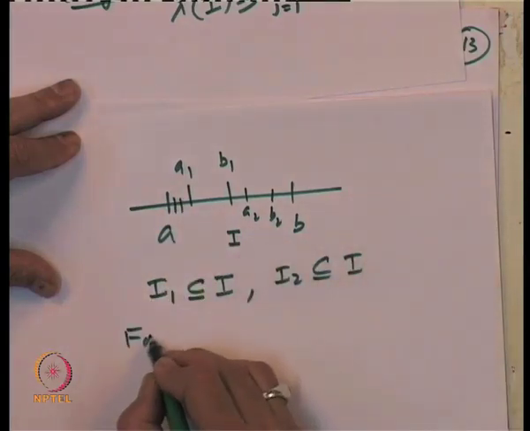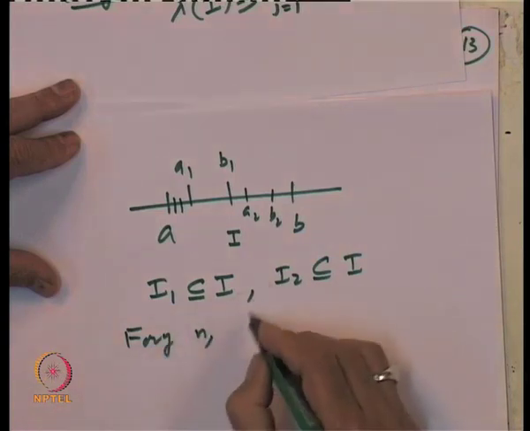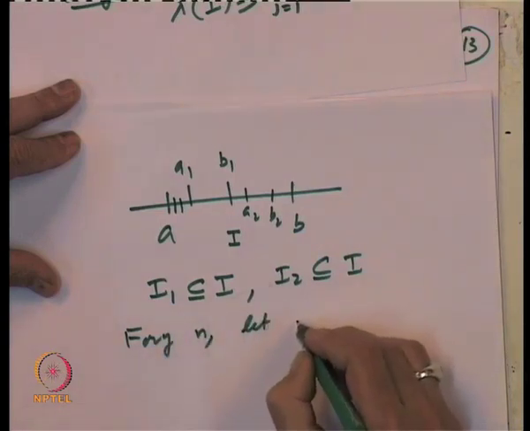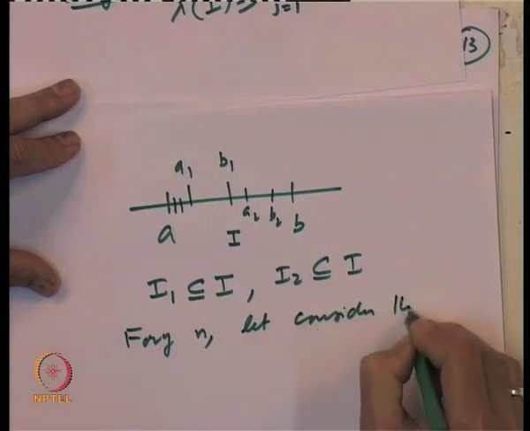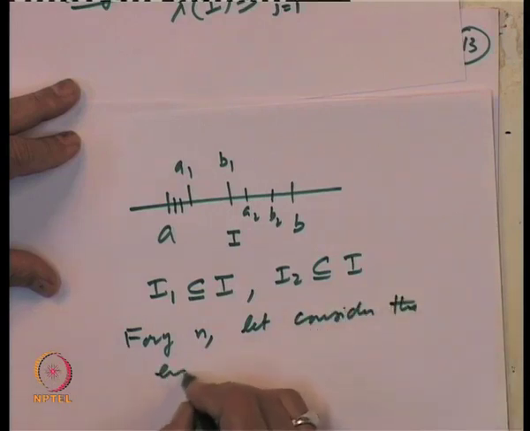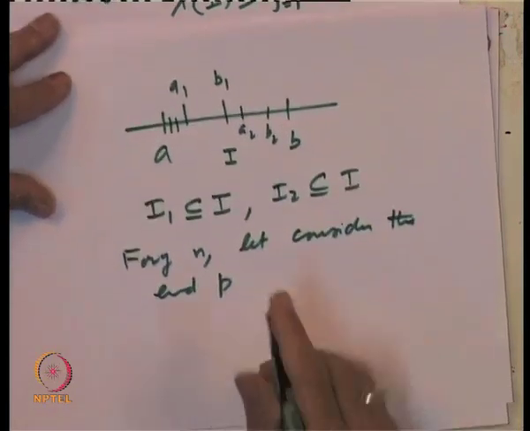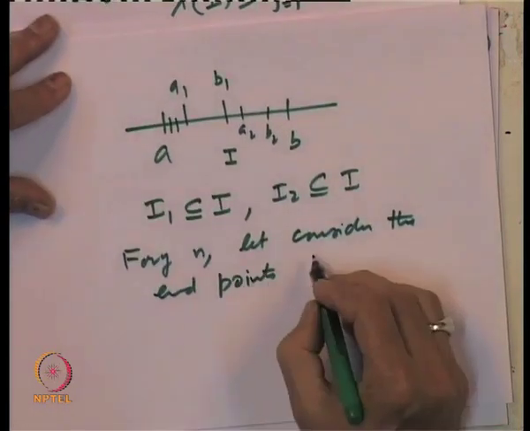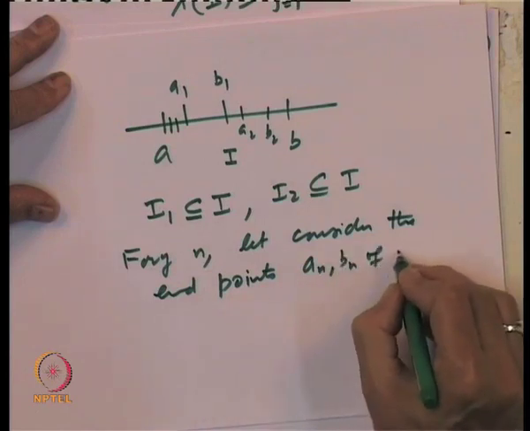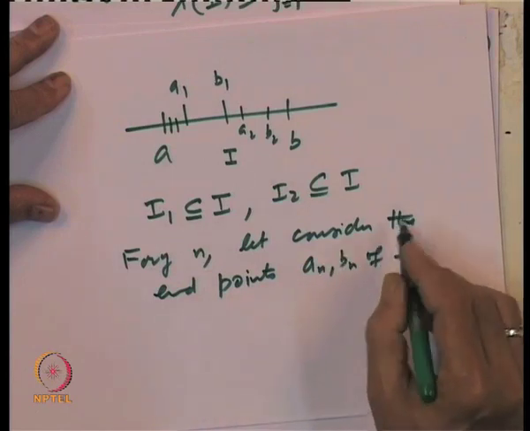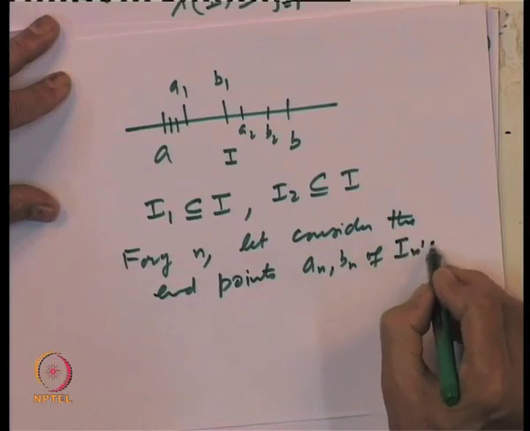So, for every n, let us consider the endpoints A n, B n of the I n's.